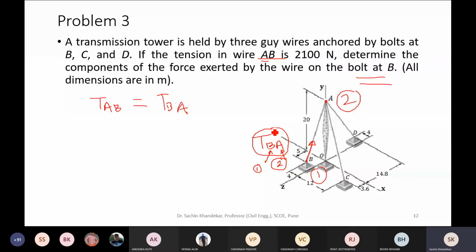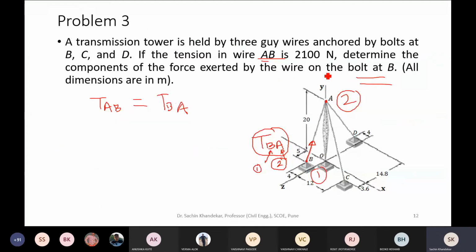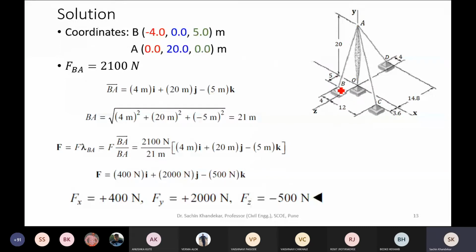Okay, I hope you have understood what I said. Right, so the very important step is to write the coordinates of the concerned points. Here, as far as this problem is concerned, we require only the coordinates of points A and B.